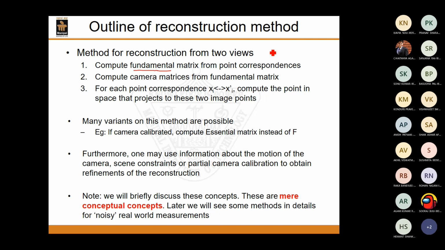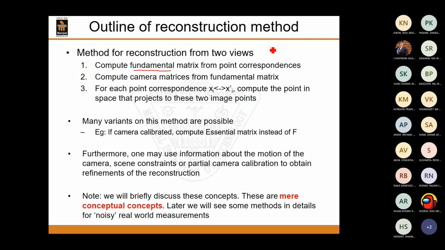If you remember the epipolar geometry diagram, we saw that there would be image point pairs, or correspondence pairs, that we can identify. That is, given two images of the same 3D scene, we can identify correspondence point pairs, that means those points which are present in both the images.